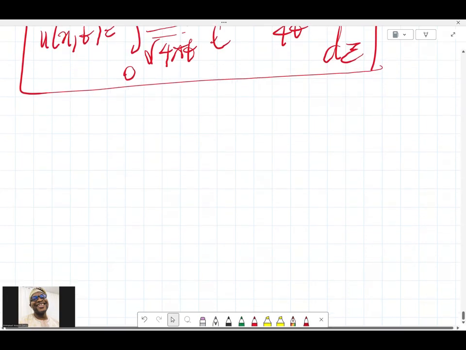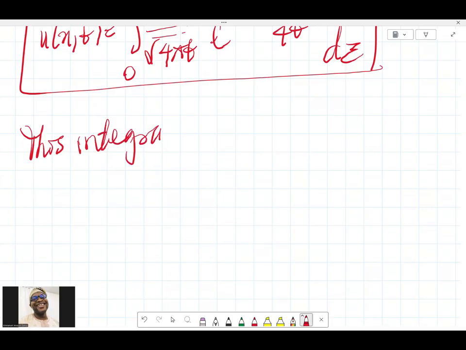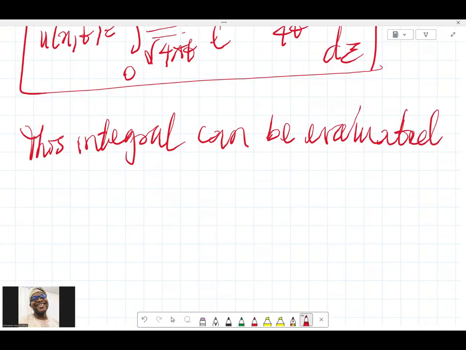And then we need to know that this integral can be evaluated numerically. Interestingly, I'll be implementing that in Python, so you see how Python handles this.